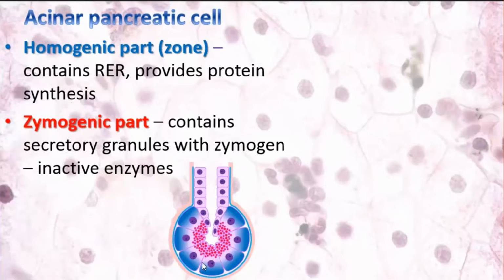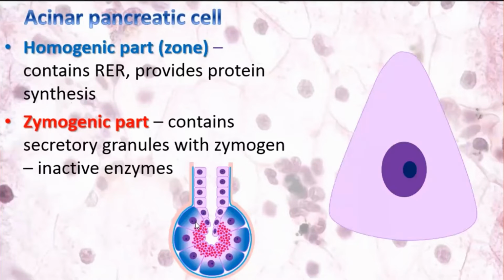And acinar pancreatic cell or pancreatocyte, it has typical structure of serocyte. It has triangular or pyramidal shape. Here we can see it. And it has two zones. Basal zone, it contains rough endoplasmic reticulum, which provides synthesis of proteins, and numerous ribosomes, which are stained in the violet or blue colors.